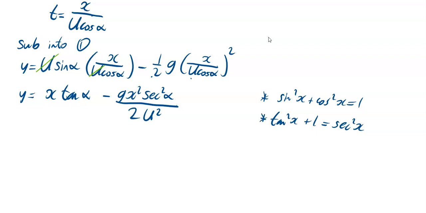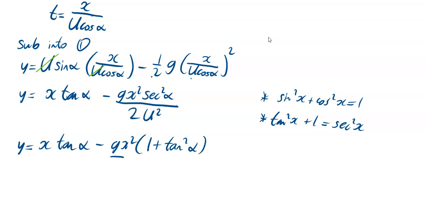So that's how we can change our sec squared. So your last line, your y is equal to x tan alpha minus gx squared, and instead of sec squared I'll write it as 1 plus tan squared of alpha, and that was all divided by 2 u squared.